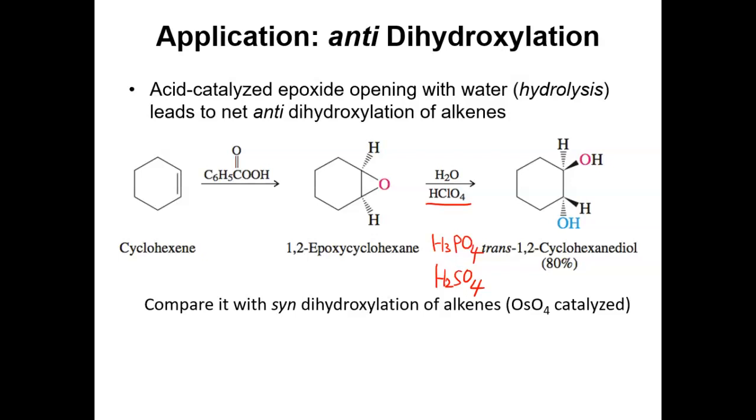But anyway, what you see is basically, first thing is mechanistic. This one will be protonated. Whichever one of those three atoms is used will be protonated. That's the first step. Then in the rate limiting step, the water will act as a nucleophile and attack one of the ring carbons.